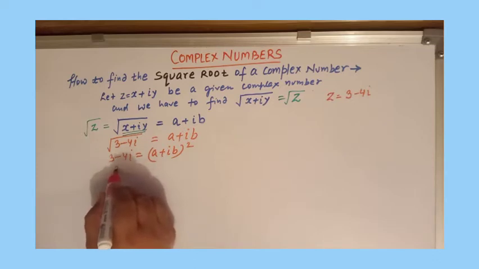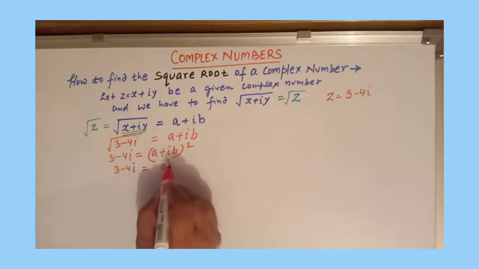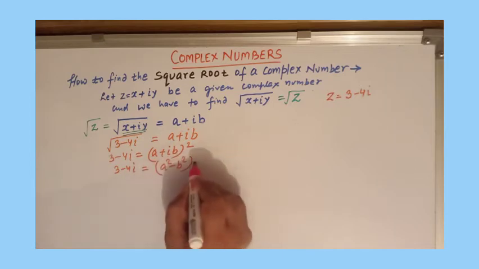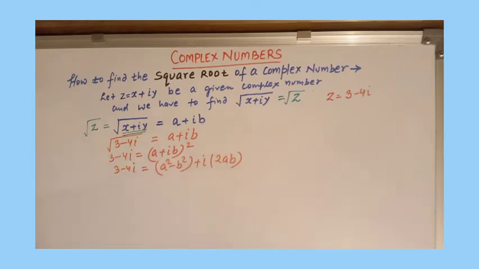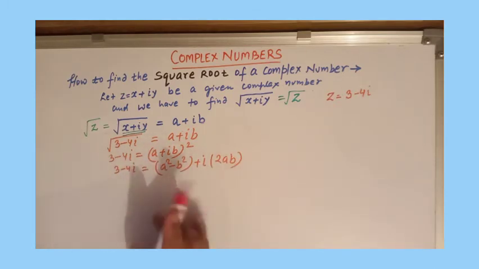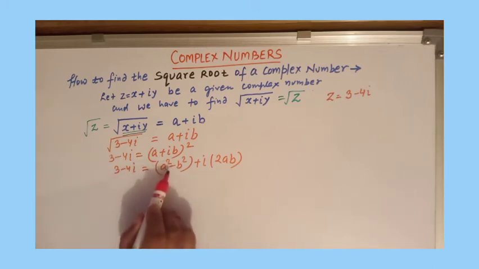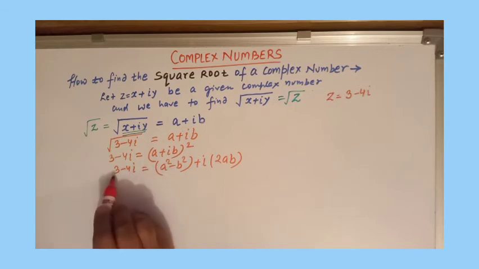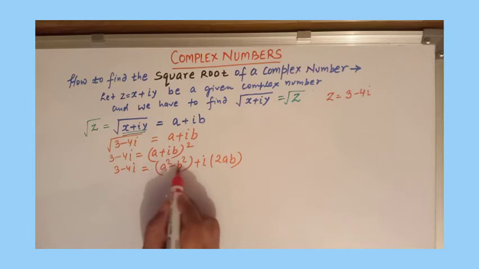Now 3 minus 4i is equal to a square minus b square plus i 2ab. Now if we compare both the sides, that is, if we equate the real and imaginary parts, the real part is 3 here, and here the real part is a square minus b square.